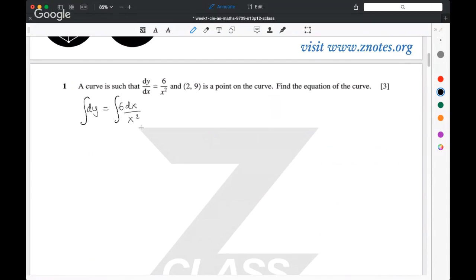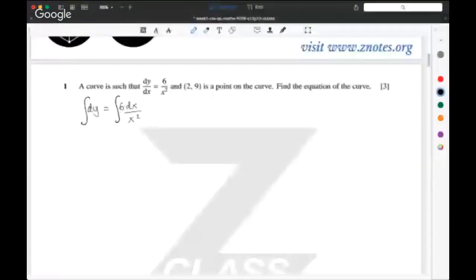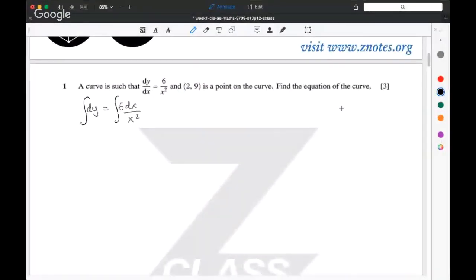Now, if you remember from previous videos, I explained that there are 2 ways to go about this. Either you can perform an indefinite integral, in which case you account for the fact that you've got a constant, and then you put in what's called the boundary condition, some fact about the places that this curve will go, a point on the curve, and you plug it in to find the plus c, the constant.